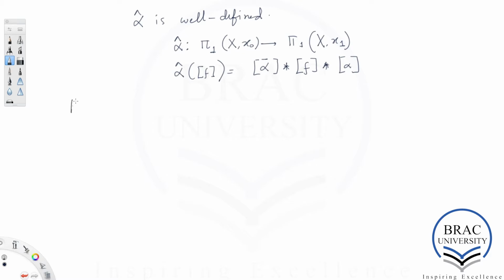Now theorem 2 states that the map alpha hat is a group isomorphism.